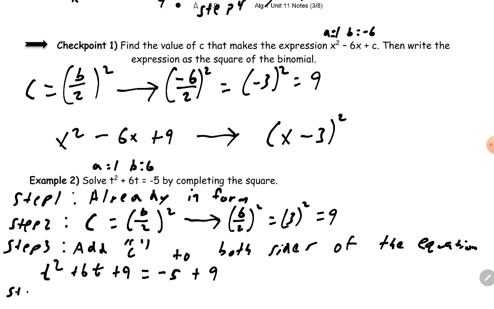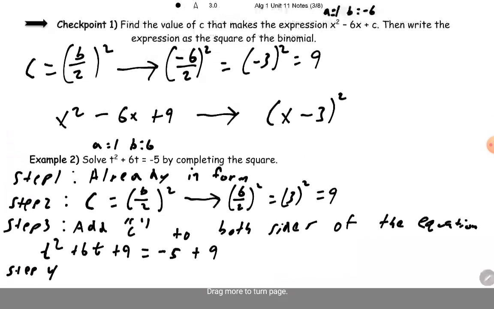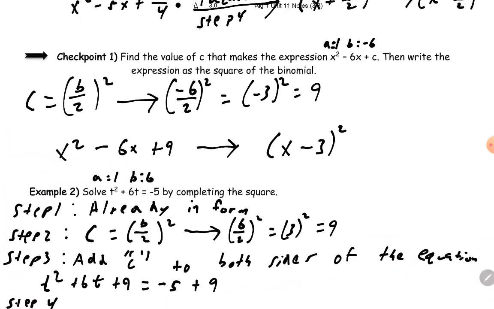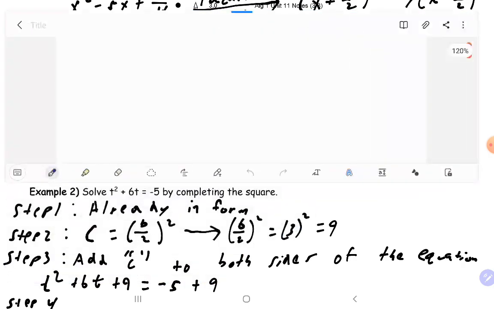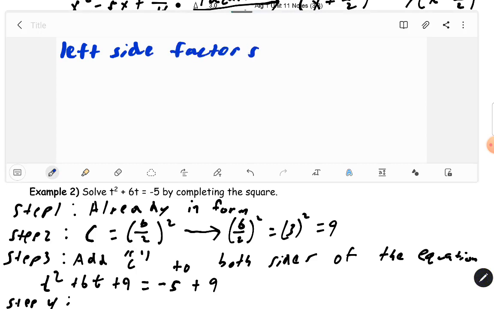Okay, step 4. The left side factors into a perfect square trinomial, which factors into something x plus b divided by 2 quantity squared.